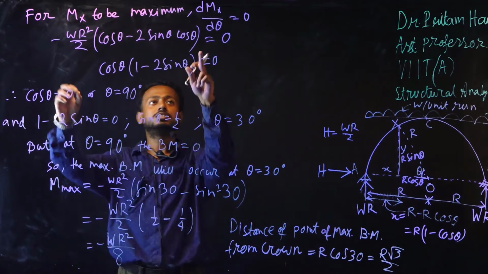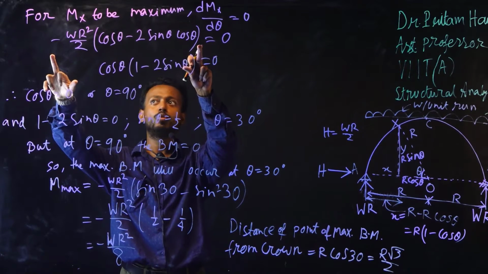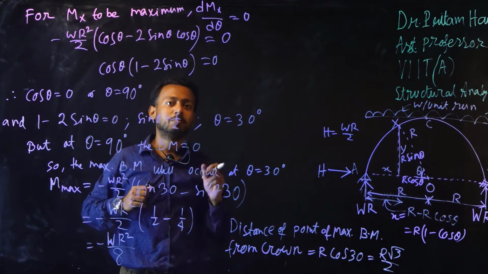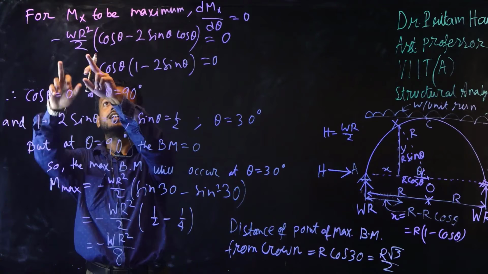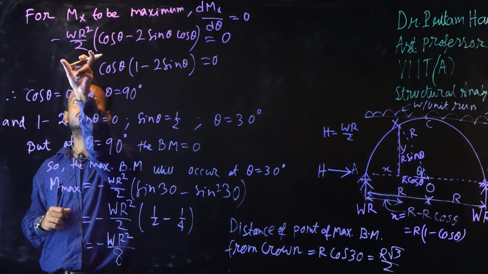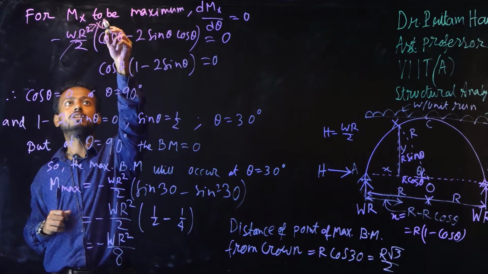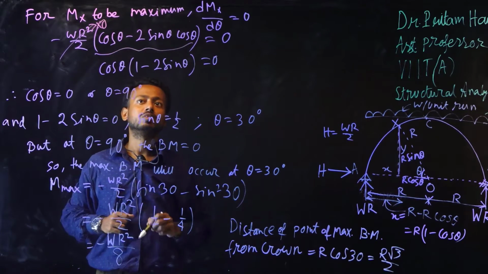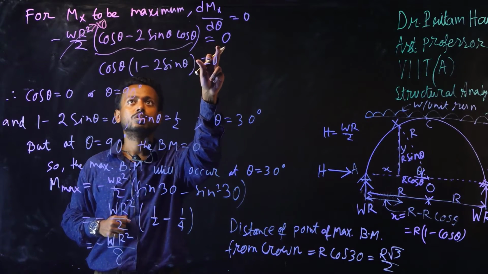Okay, this is the del M del theta value and we will put this equal to 0 to get the maximum bending moment. So we have either this equals to 0 or this equals to 0. Okay, but we know this term cannot be 0, so this term will be 0. So we have cos theta minus 2 sin theta cos theta equals to 0.